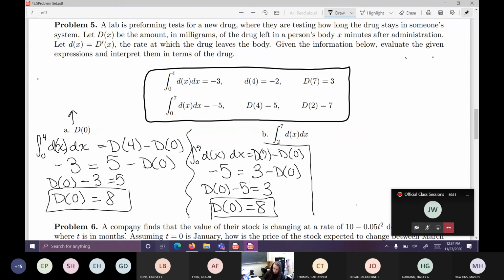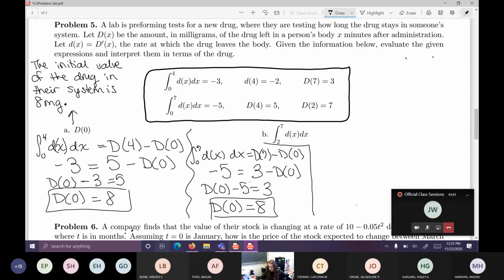So the interpretation here would be: the initial value of the drug in the system is 8 milligrams.